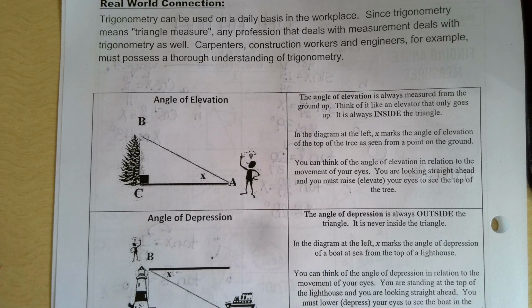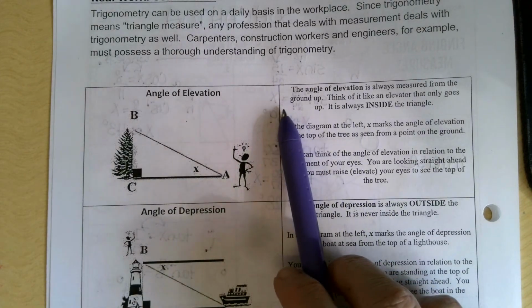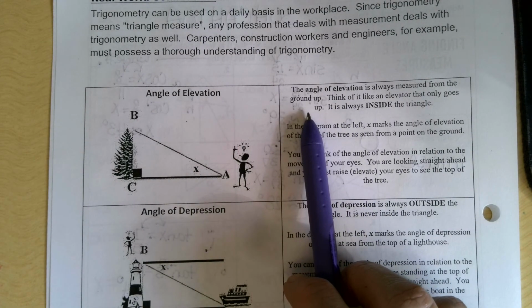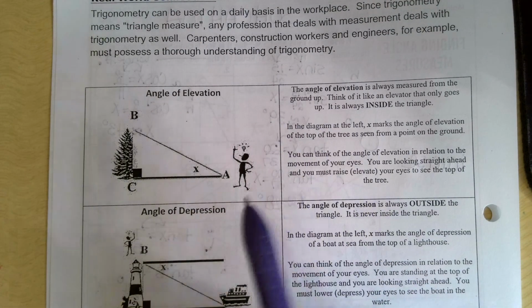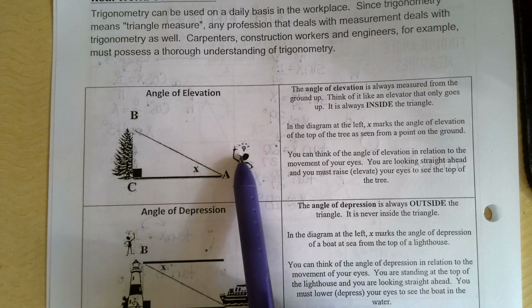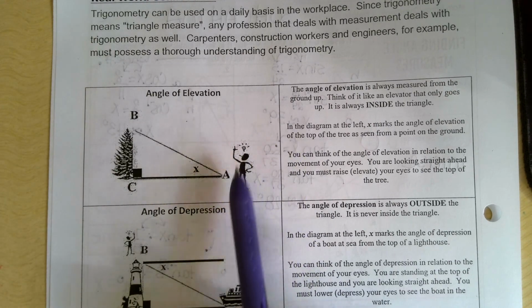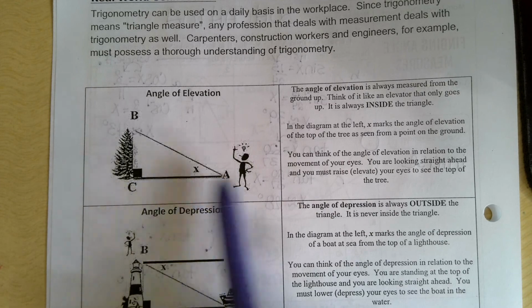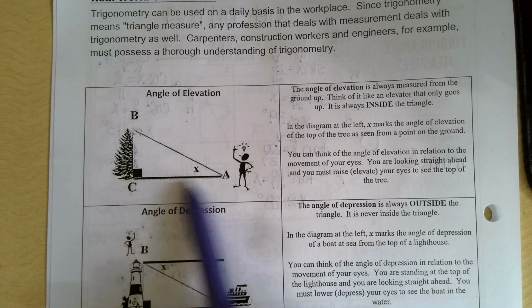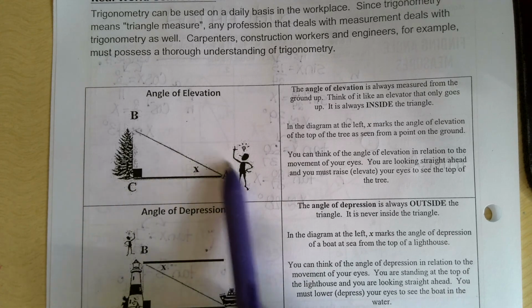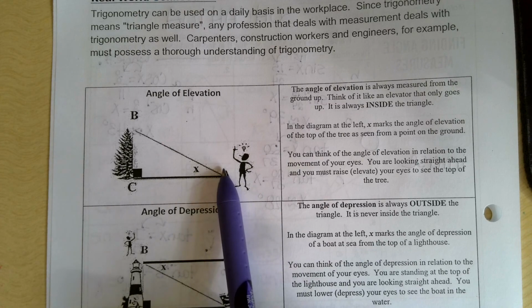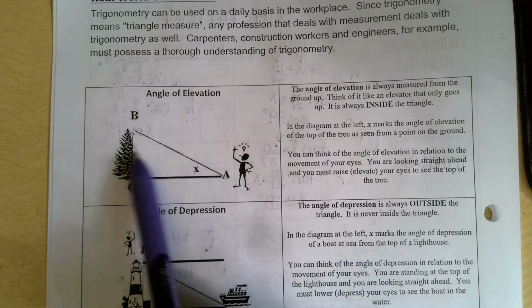Angle of elevation is always measured from the ground up. You have to pretend that this is your line of sight, which means your eyeballs might be on the ground, but everything typically starts on the ground, and so we're going from the ground up.